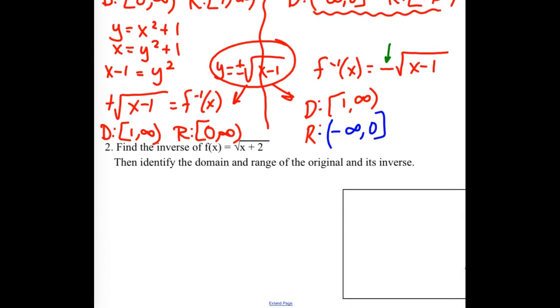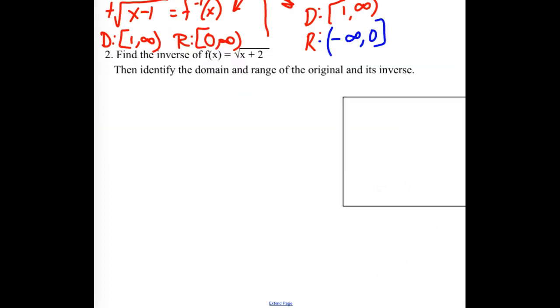All right. Our last example. It says find the inverse of f of x equals the square root of x plus 2. Then identify the domain and range of the original and its inverse. We're actually going to do the domain and range first. Let's look at this. If we did a quick sketch, it is a square root graph that's been shifted where? Left 2. So if we go left 2, our square root graph is going to look like that.